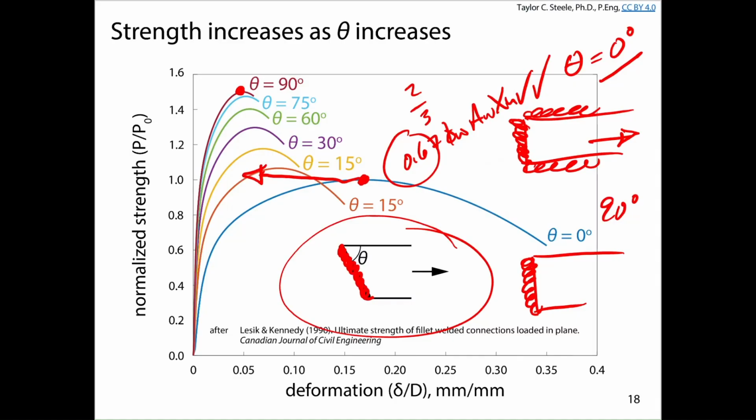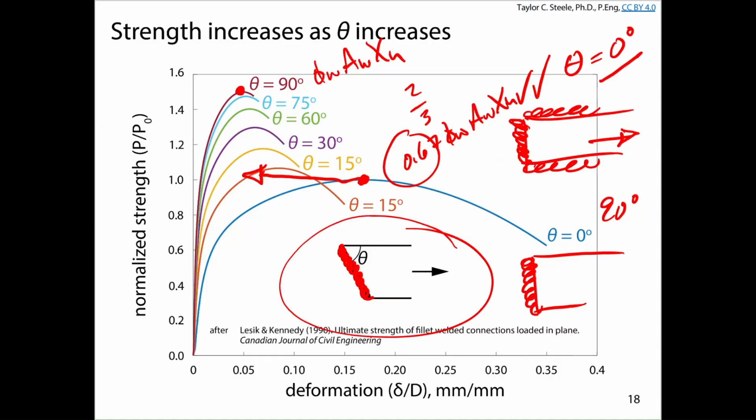Great. So up here for welds in tension, we're multiplying the 0.67 by 2/3. We get VW AW XU. And that's expected because the weld is failing in tension. It should be proportional to the cross-sectional area of the weld and to the tensile strength, right? So that makes sense. So basically we're playing within a range of 0.67 VW AW XU for welds in pure shear, VW AW XU for welds in pure tension.